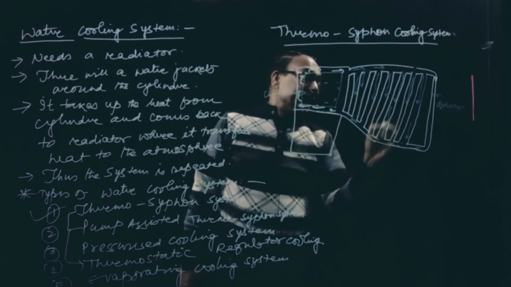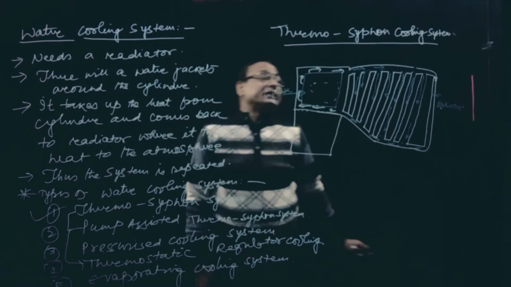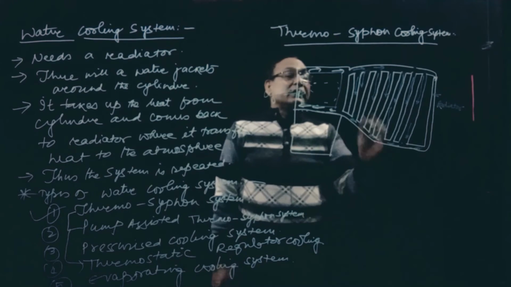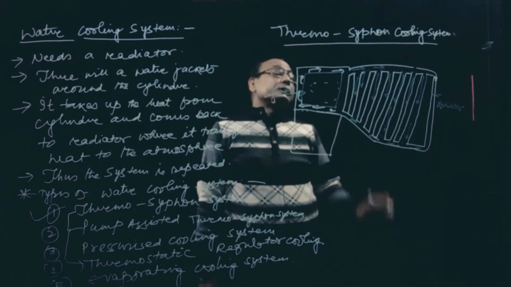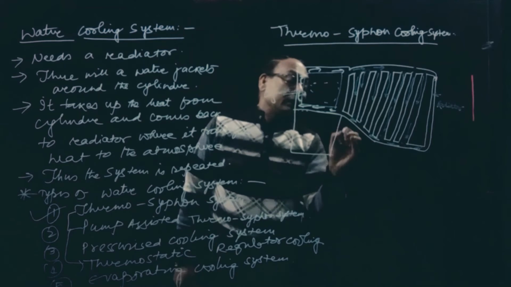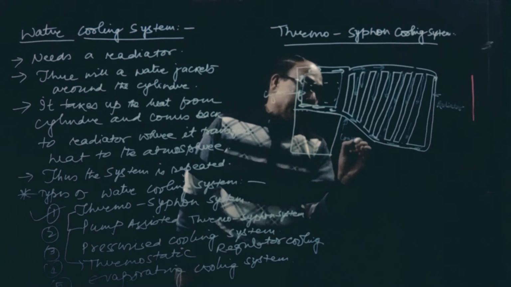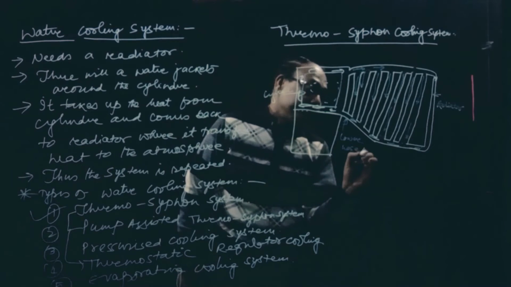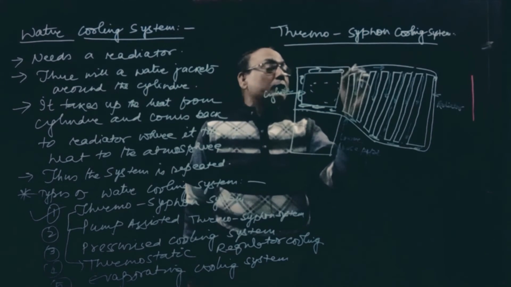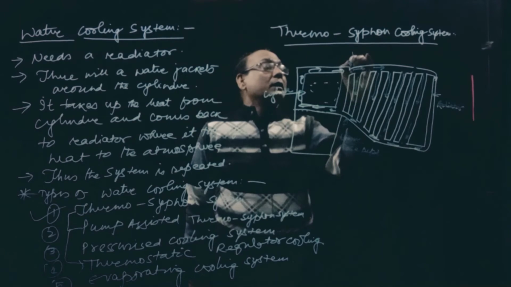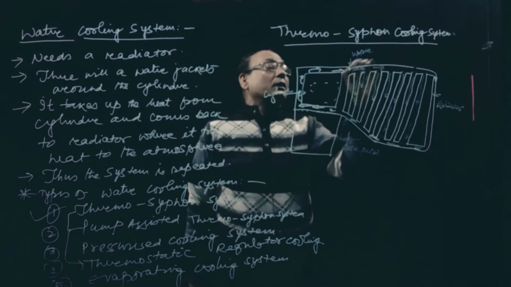So this way it is coming down and heat is exposed to the atmosphere, so lower temperature will be there. So this is intake, that is lower hose pipe, upper hose pipe.